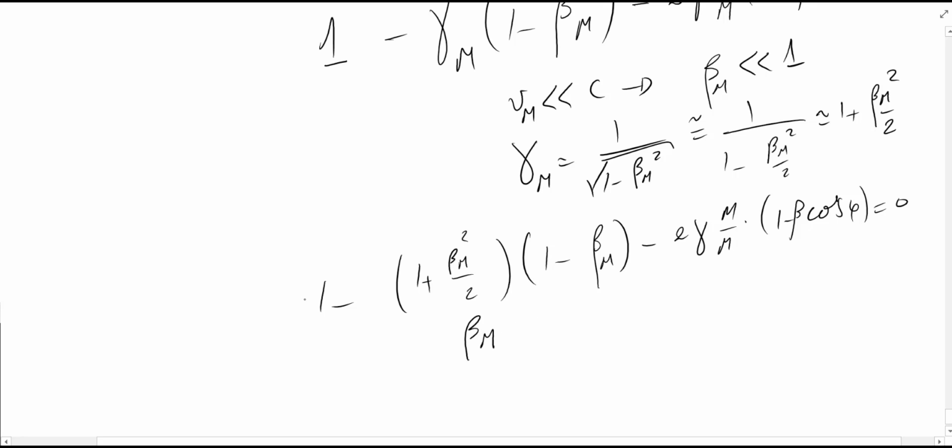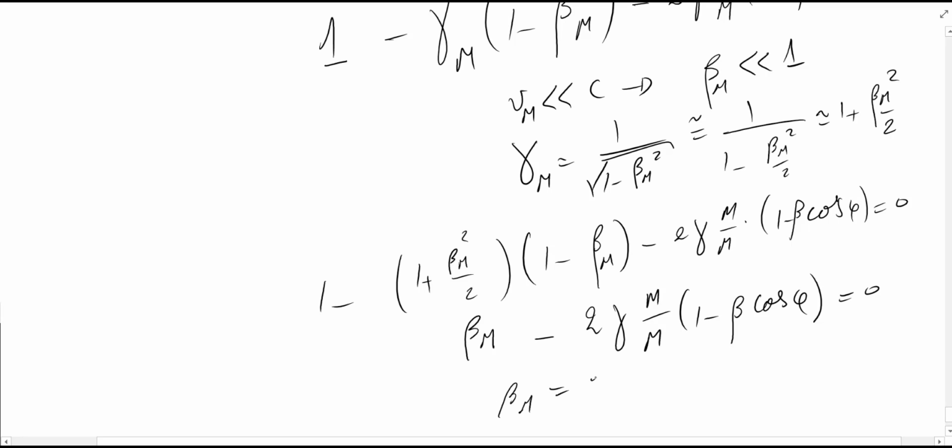That's all that survives from these three terms, minus 2 gamma times m over m times 1 minus beta cosine of phi. This I cannot do much about, it is equal to 0. In other words, beta m is equal to 2 gamma m over m times 1 minus beta cosine of phi.